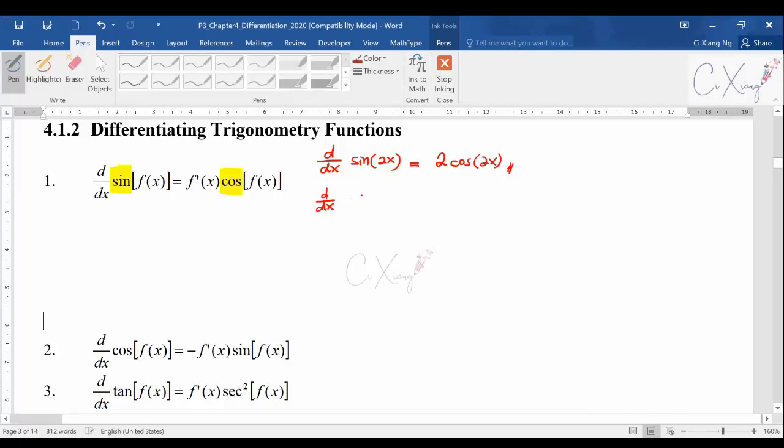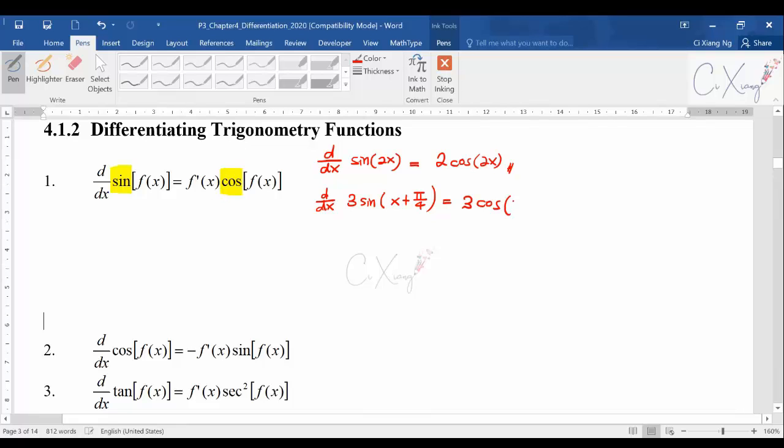Another example, maybe. Let's say I have 3 sine of x plus pi over 4. How do you get the answer for differentiating 3 sine of x plus pi over 4? Since 3 is a constant, you just copy the 3. No need to bother about it. When you differentiate the sine, you get cos.